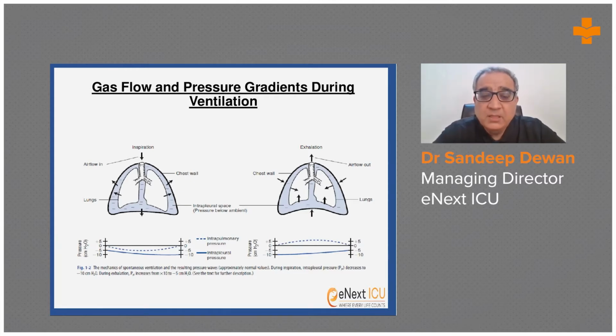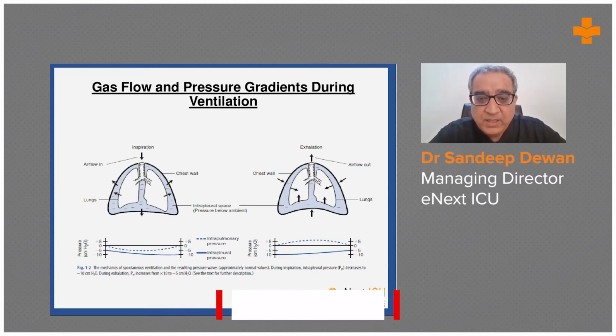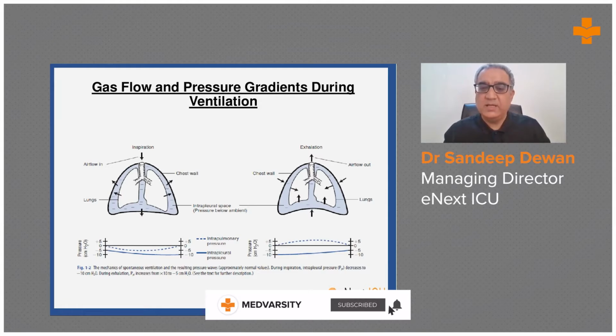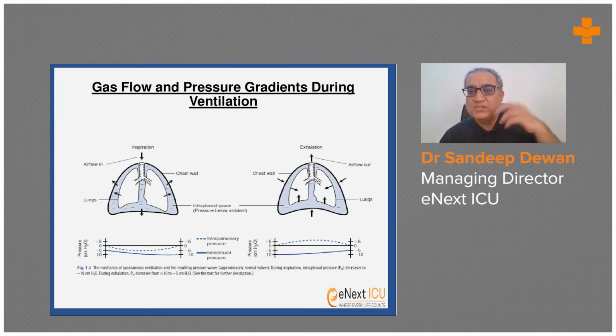Now this is what happens in a normal respiration. Normal respiration is a negative pressure ventilation. As soon as we breathe in, the intrathoracic or intrapulmonary pressure becomes negative, and we all know air flows from the positive pressure side to the negative pressure side, and that is why during inspiration the air goes in.